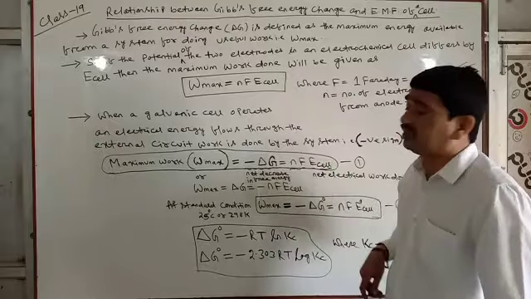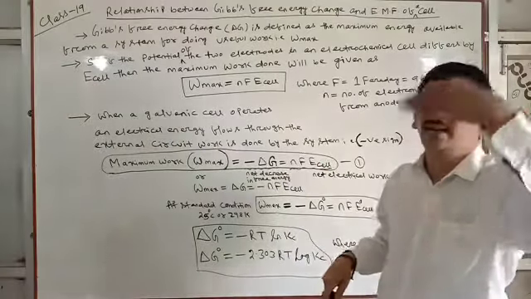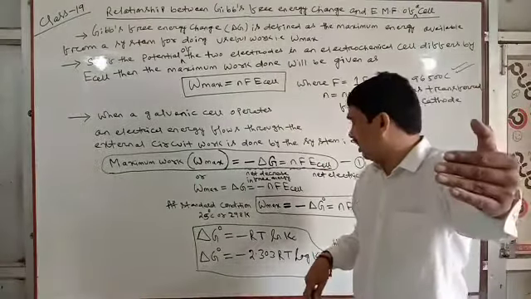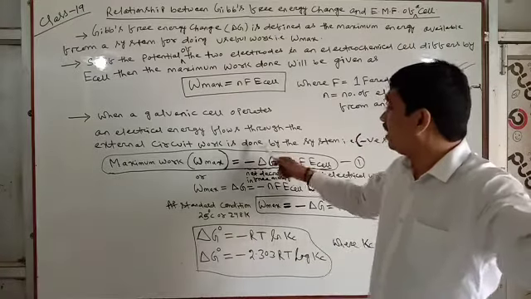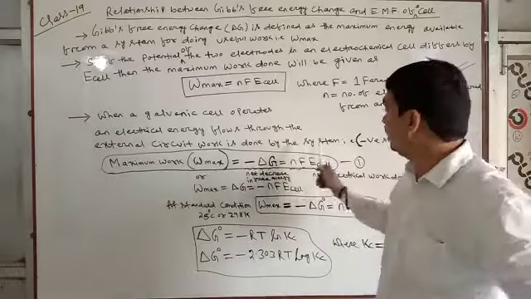When a galvanic cell operates, electrical energy flows through the external circuit. Work is done by the system. When work is done by the system on the surrounding, that is negative.